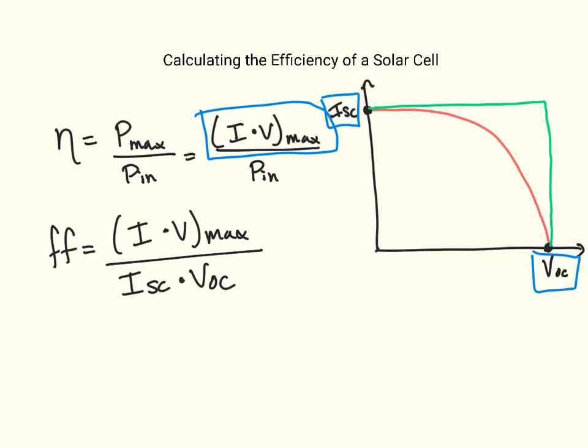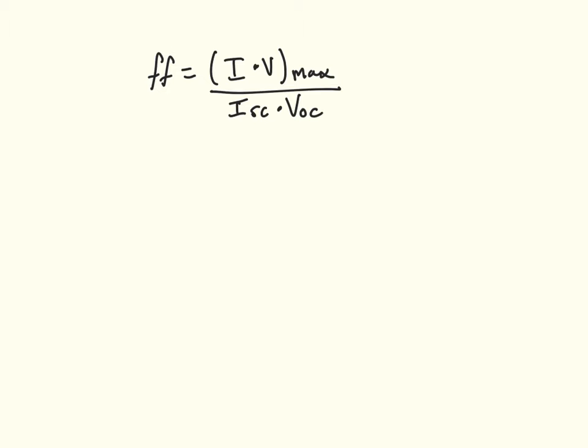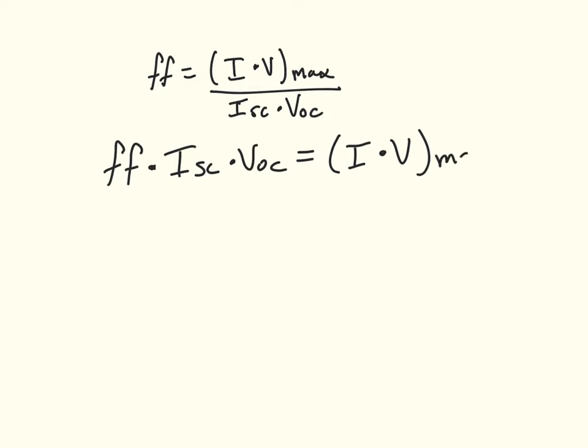Now, the reason why the fill factor is so advantageous is because we can rearrange the equation by solving for the maximum current and the maximum voltage. If we solve this equation for the product of the current times the voltage, you get the fill factor times the short circuit current times the open circuit voltage, which is equal to the product of the maximum current times the maximum voltage.